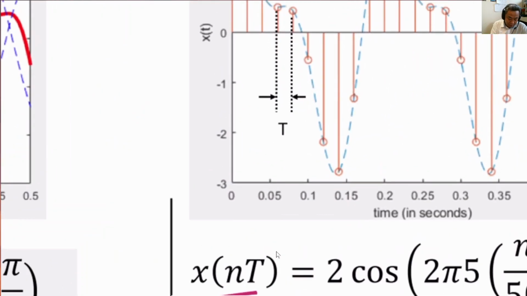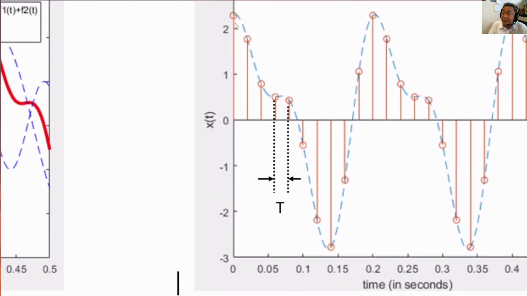If you zoom in now, you realize that the distance between this circle and this circle along the horizontal axis is 1/50th of a second. Therefore in 1 second, I would have 50 samples.